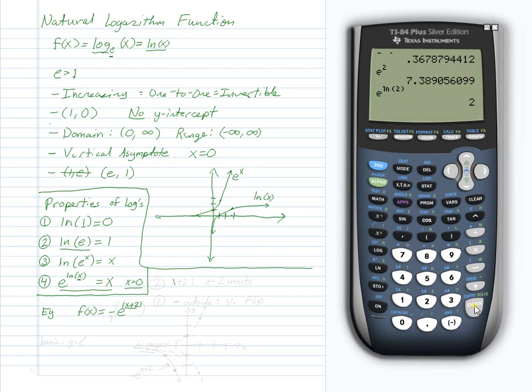This will correspond to a horizontal shift. Since it's inside the function, we are going to shift left 2 units. And outside of the whole function, we have this negative sign. The negative outside is going to manifest as a vertical flip. In other words, we'll take the function and flip it across the x-axis.